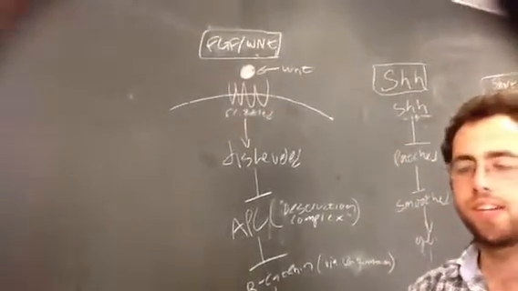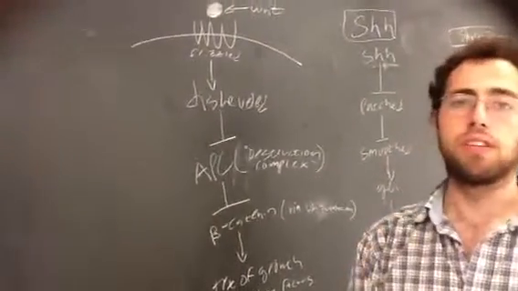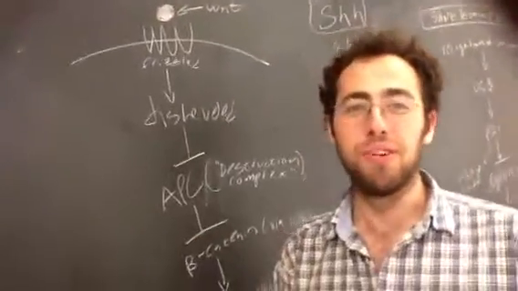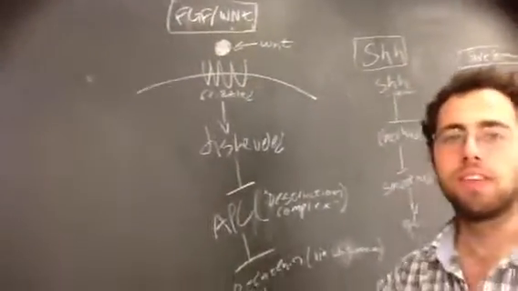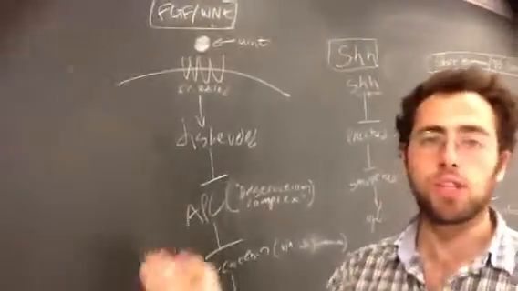One is called a tumor suppressor, and the other is an oncogene. What a tumor suppressor is exactly what it sounds like. It prevents tumors from forming, whereas an oncogene is something that goes out of control, and proliferation goes out of control, and cancer happens.